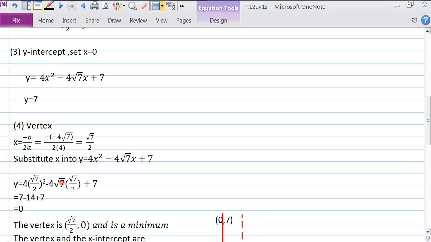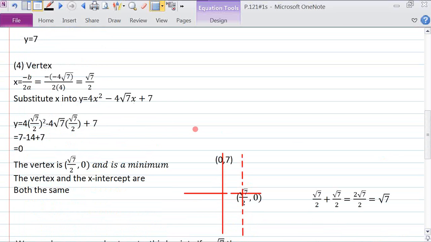So here's the 4 root 7, here's the x, and here's the plus 7, which is this term here. Now when we calculate this out, root 7 times root 7 is 7. And this 2 times 2 is 4 when we square it, so the 4's cancel, and we're left with 7.